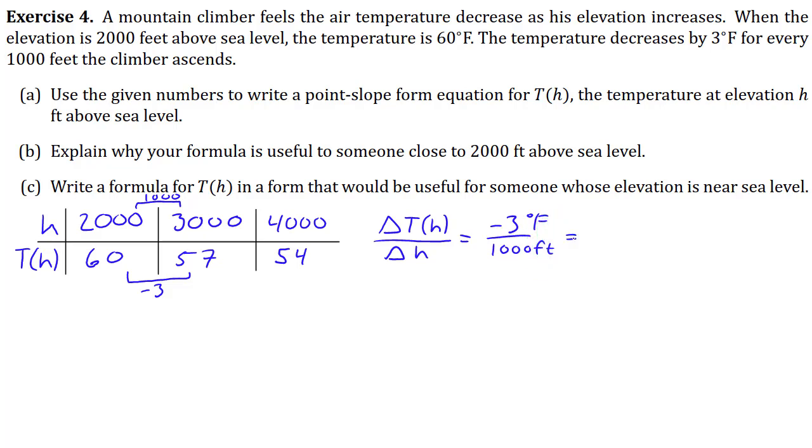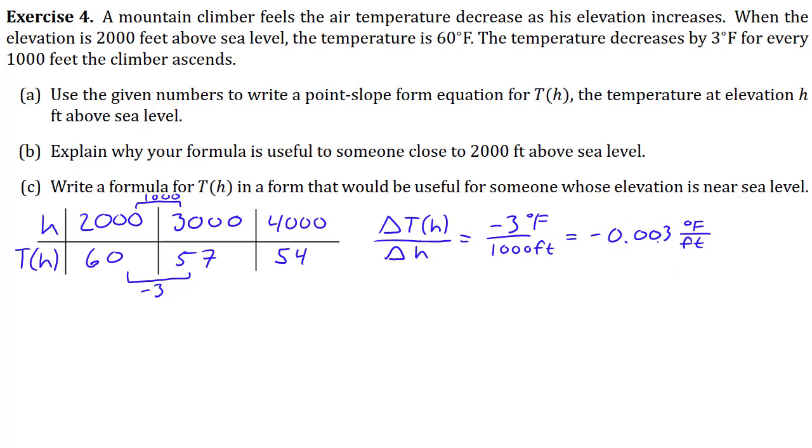You could do that with a calculator, or you might just be able to do it. This is -0.003 degrees Fahrenheit per foot. So if the climber goes up just 1 foot, like climbs on a little rock, then the temperature there would go down by 0.003 degrees Fahrenheit.